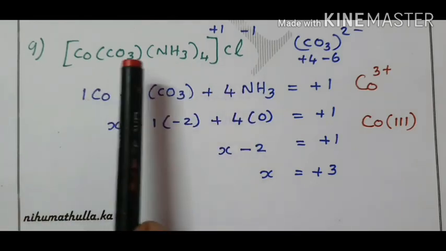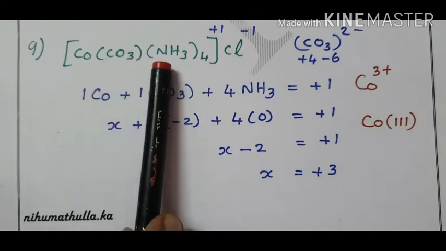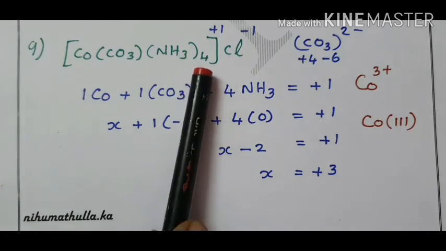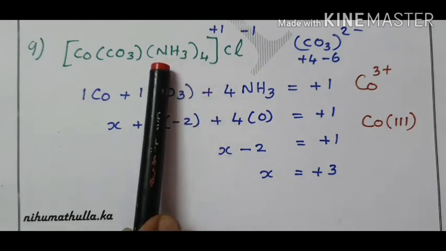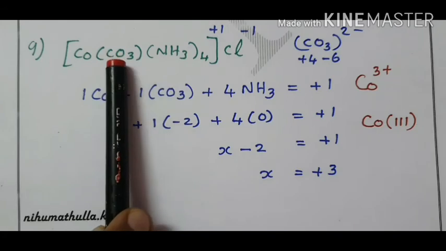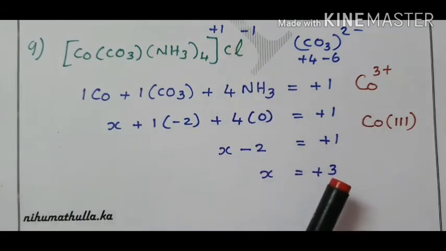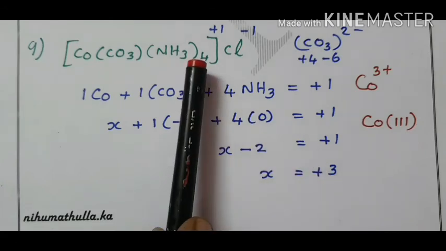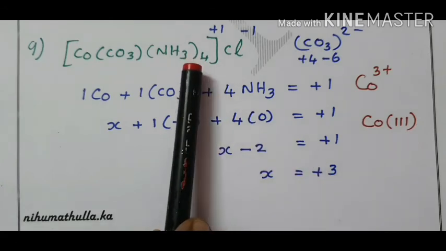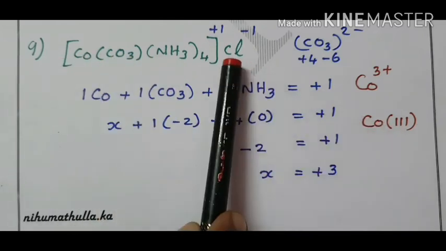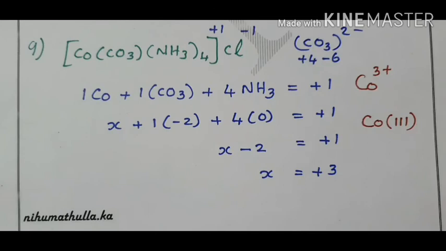We have carbonato, a negative ligand, and ammine, a neutral ligand, starting with the letter A. Tetraamminecarbonatocobalt(III) chloride. This is the IUPAC name of this compound. Come to the next compound.